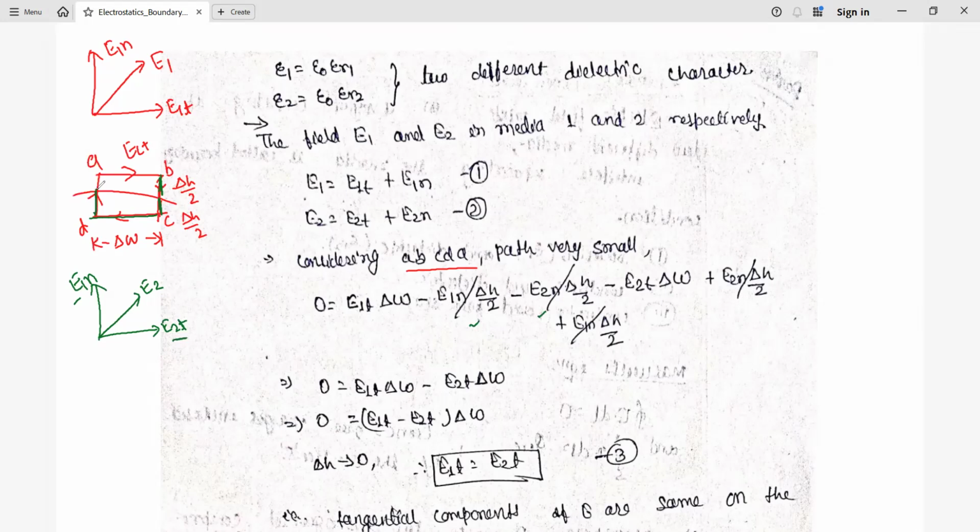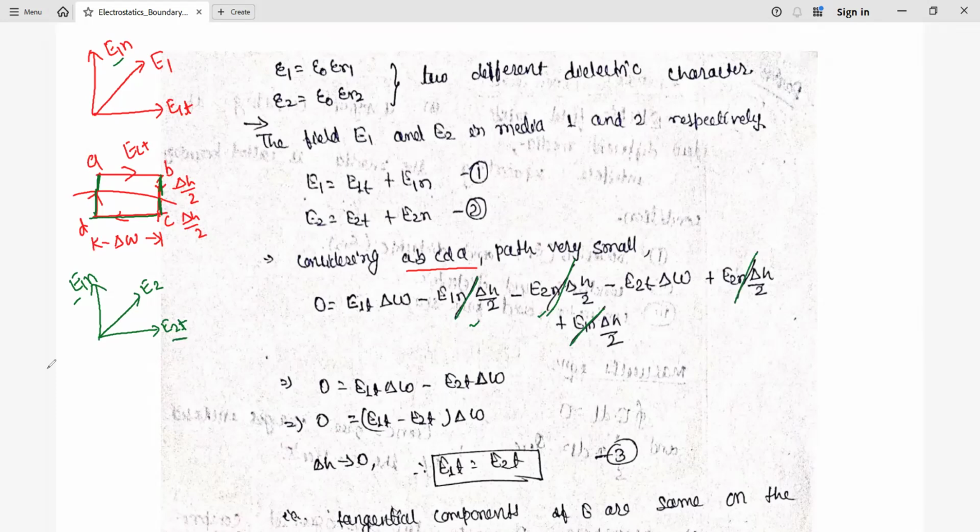Again in this portion, from here to here, we are in the same direction as the normal, so it is positive. So plus E1N del S by 2. Now finally, what we are seeing is that this component and this are being cancelled out. Again this and this both are being cancelled.